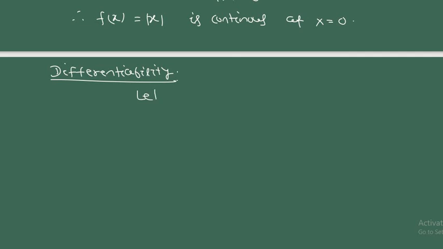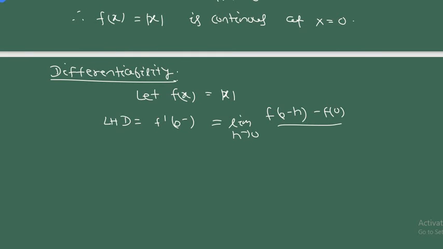Let that function be f(x), that is mod x. So LSD equal to f dash 0 minus, this is equal to limit h tends to 0 of f(0 minus h) minus f(0) divided by minus h. Since we have read the formula for LSD, f dash c minus equals limit h tends to 0 of f(c minus h) minus f(c) divided by minus h.